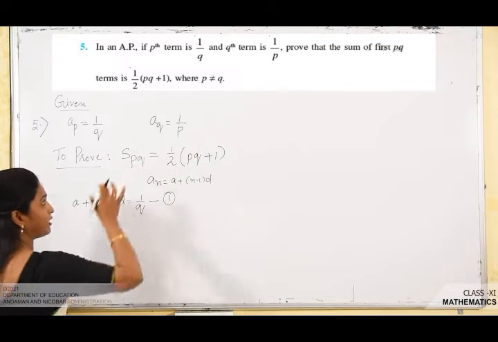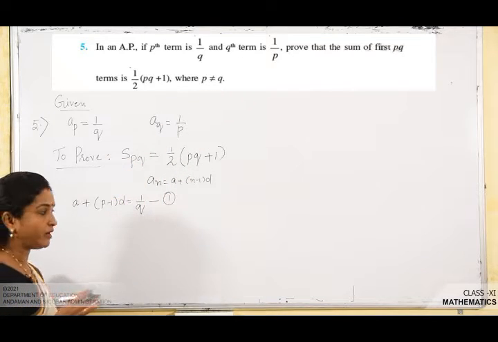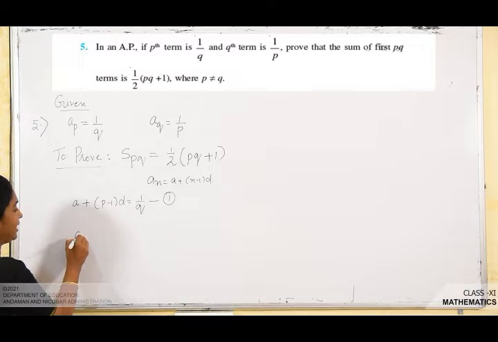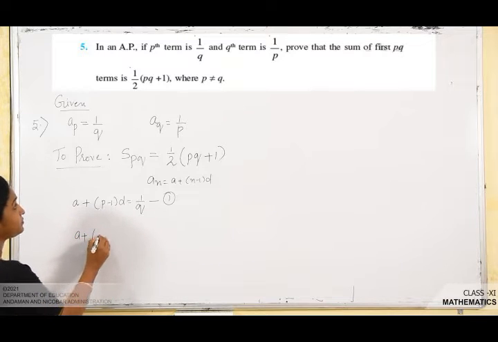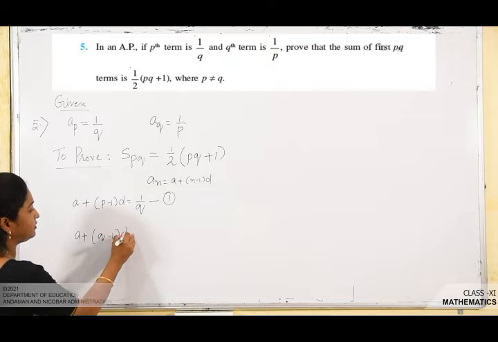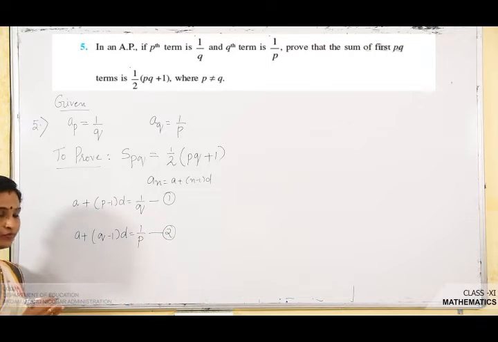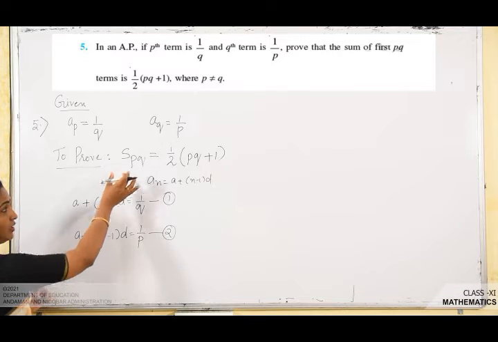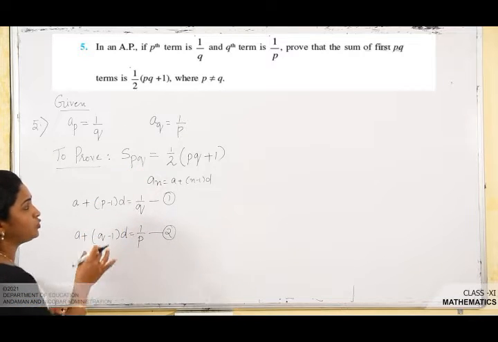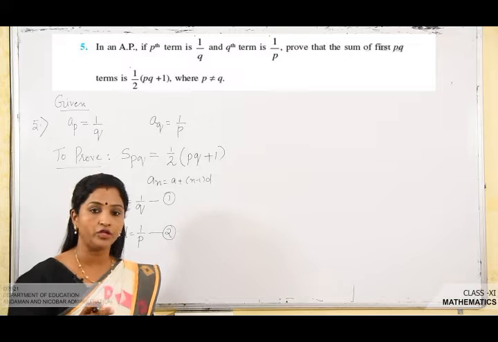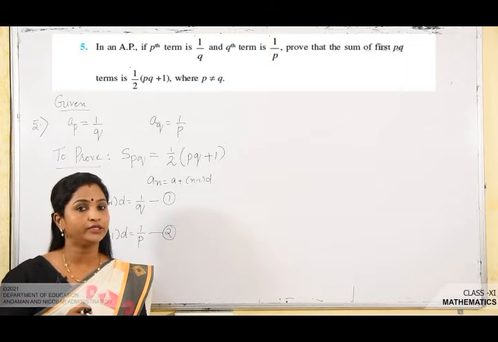Now for the second part, a_q is equal to 1 by p, which can be written as a plus (q minus 1) into d is equal to 1 by p, which is equation number 2. To prove S_pq is equal to half of (pq plus 1), you need the first term and the common difference.